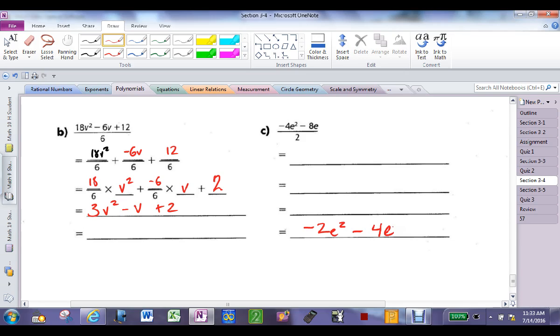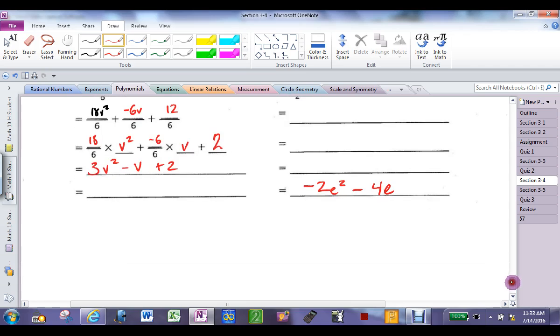Yes. All right. Now I'm going to write one more just to make sure. Negative 6v squared plus 8v minus 4 divided by negative 2.